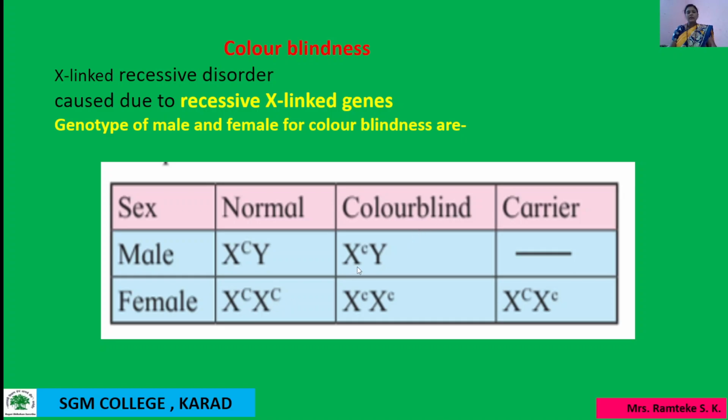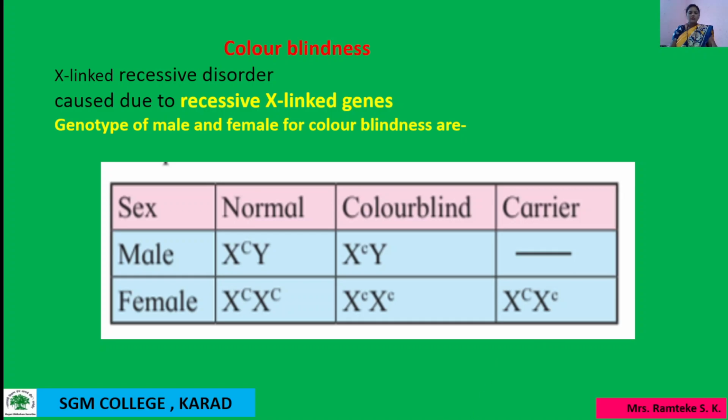Then color blindness, the gene is male XcY and female XcXc. Okay, so here is a carrier, male is not a carrier, so there is XCXc is a carrier. Okay, so it is a recessive part. Okay, X-linked genes, it is a carrier. Okay, so the X-link here is a XC and Xc.